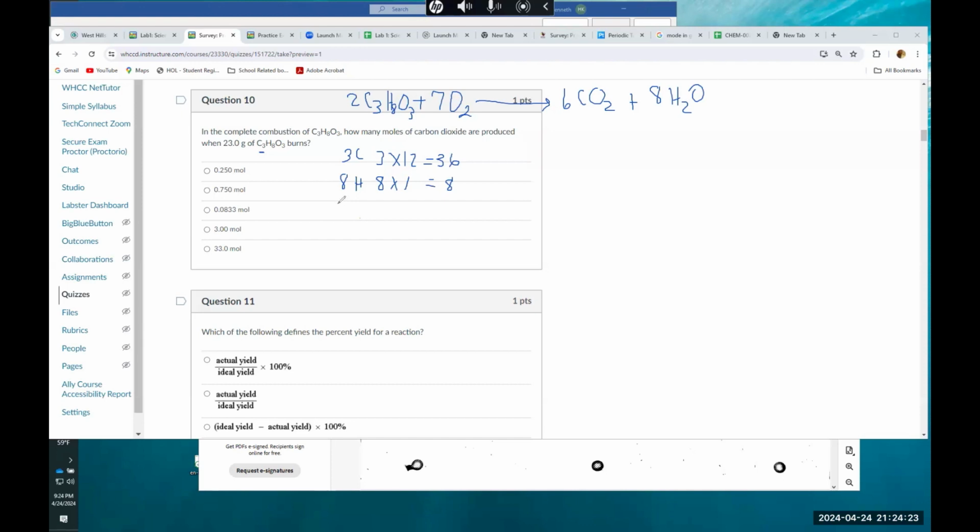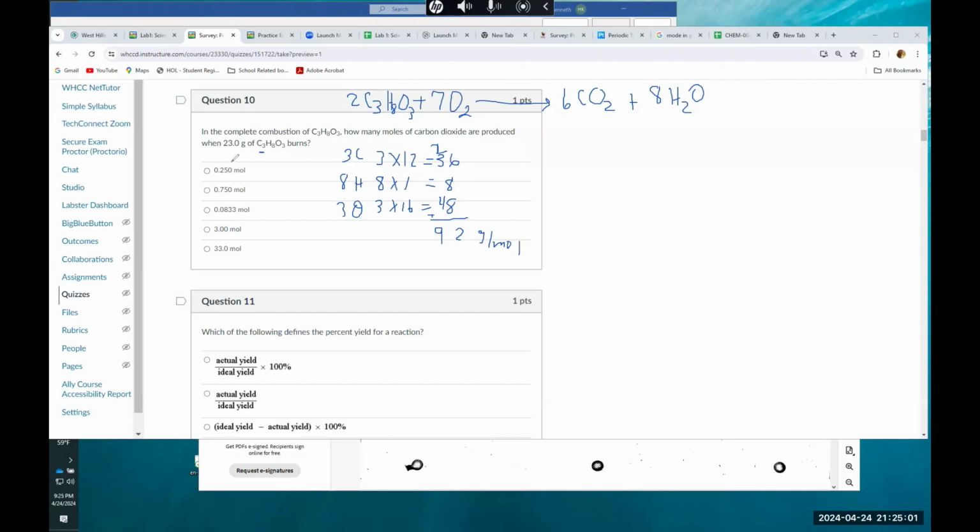And then how many oxygens? 3. Okay, 3 times 16 is 48. And then we add them. It's like 94. Close. 92. Very close. Okay, and that's grams per mole.